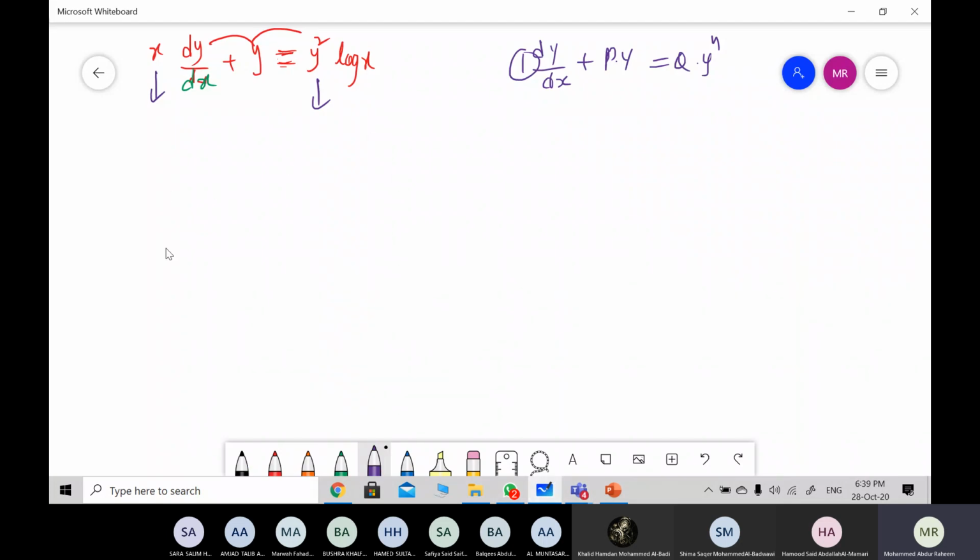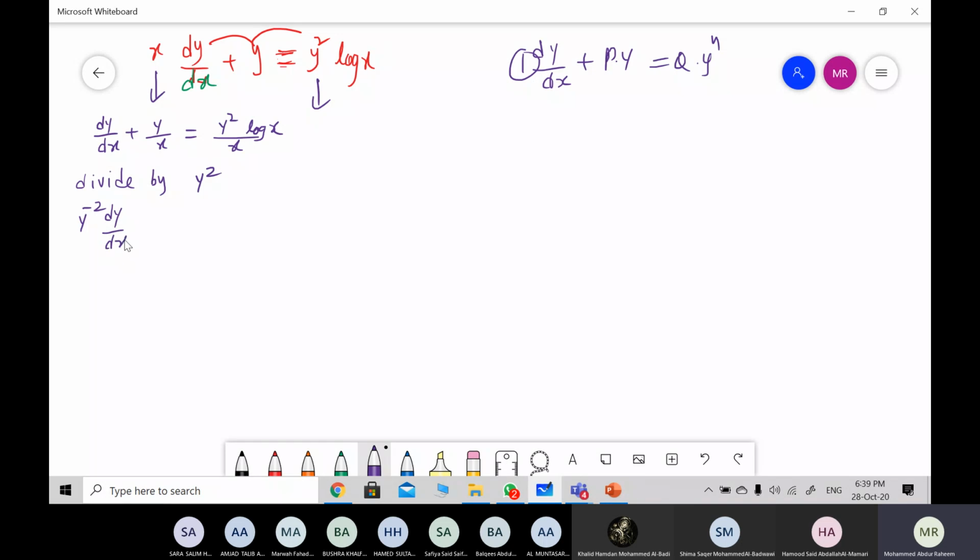So first of all, step 1, we should not have this x, that's why divide with x. Next we should not have this y power n, so we divide with y square as usual, the procedure.